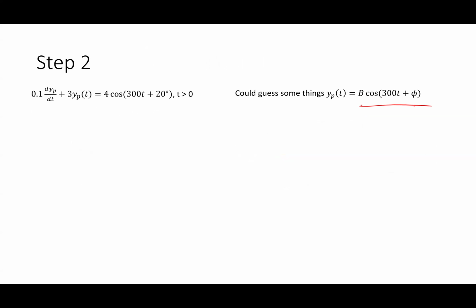If I have a circuit and I put an audio wave into a circuit, I would expect an audio wave that looks sort of the same to come out of it. Maybe it's bigger, maybe it's smaller, maybe it's shifted.